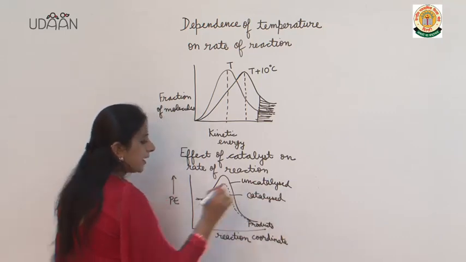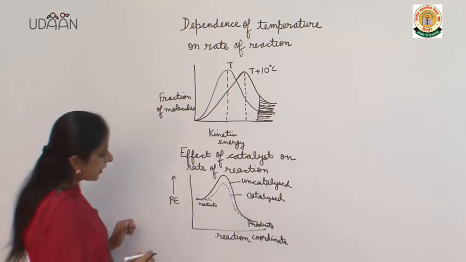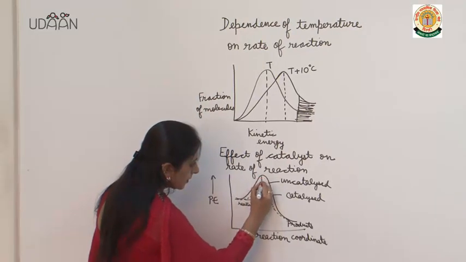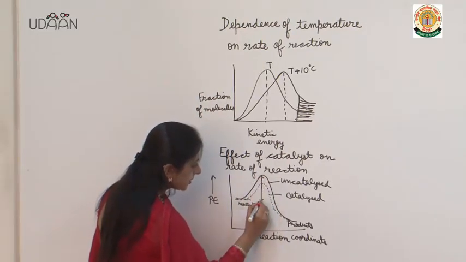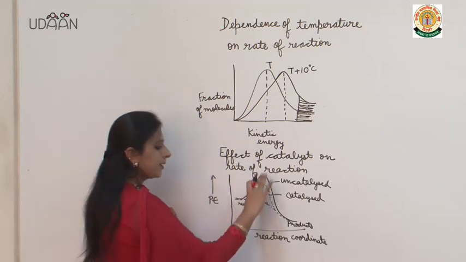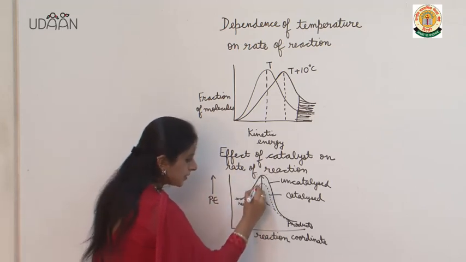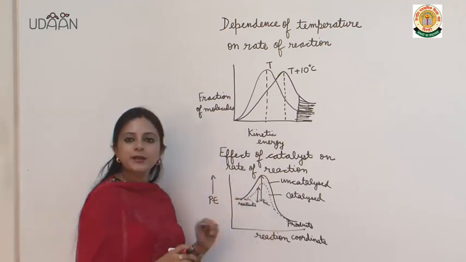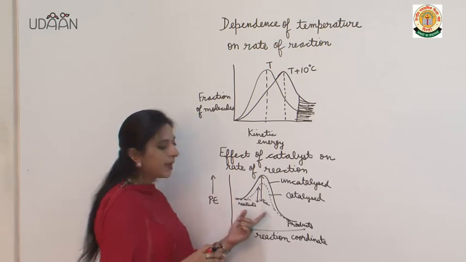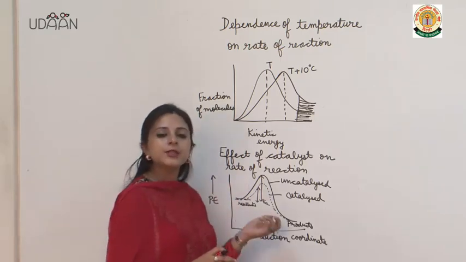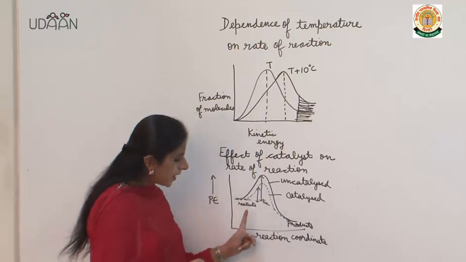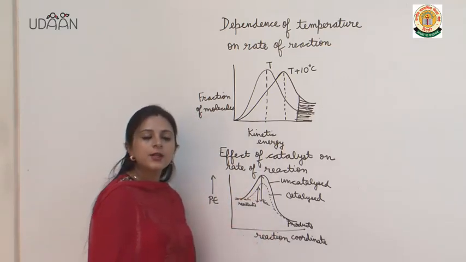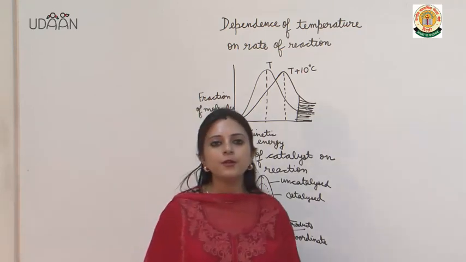So now this catalyzed reaction, it requires lower activation energy. Now if this is the activation energy which is required by a uncatalyzed reaction, so this is the activation energy which is required by the catalyzed reaction. So that means after adding catalyst, the activation energy gets lowered, the reaction follows a different path, and that is why it becomes fast. Now let us understand this with the help of a numerical.